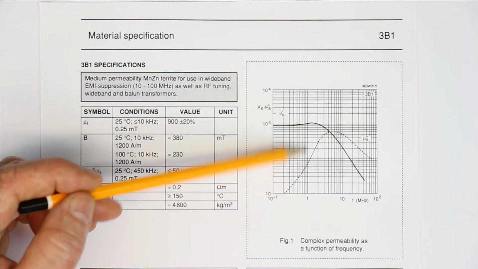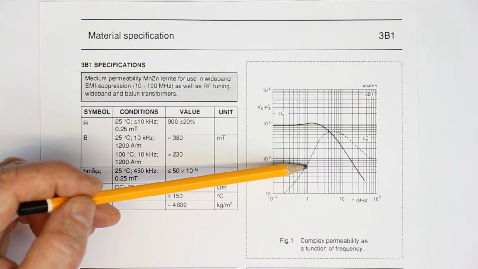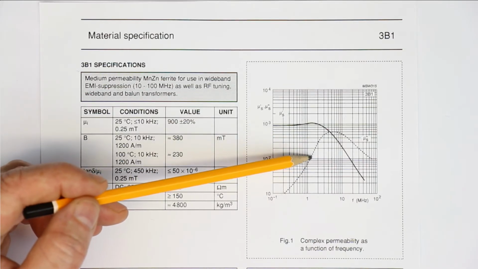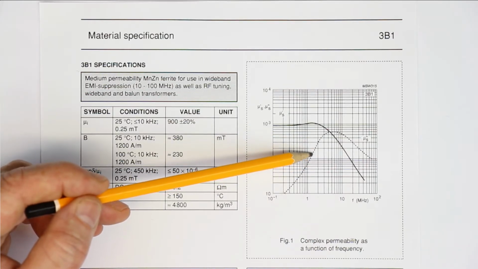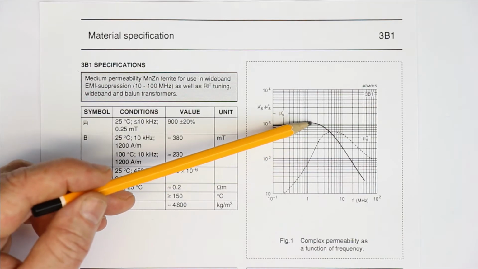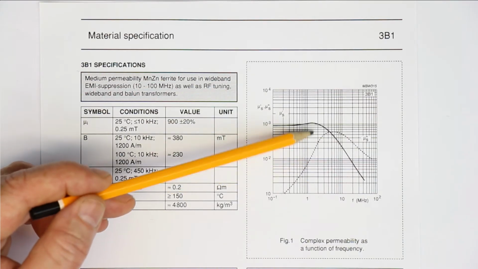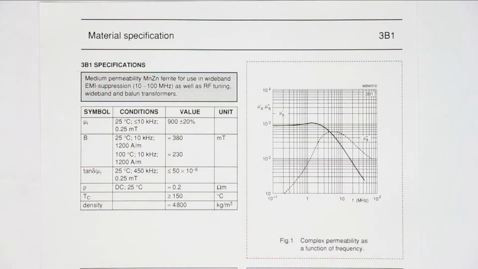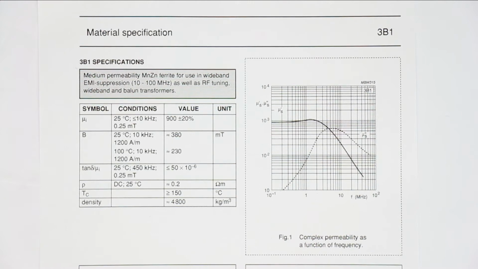So we can see this material really is only suitable up to 1 megahertz, or perhaps up to the end of the medium wave range, which is around 1.5 or 1.6 megahertz. Then the losses just become too large, and losses mean that the Q factor of your antenna drastically drops.